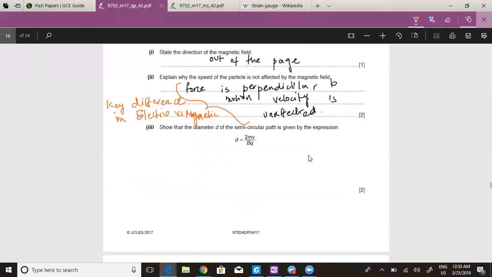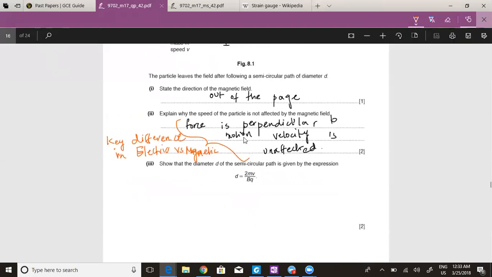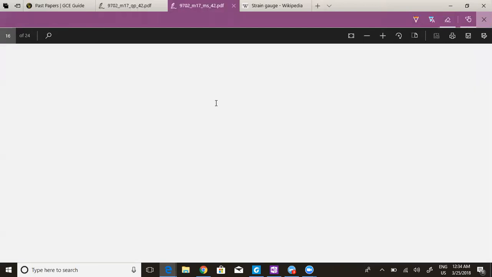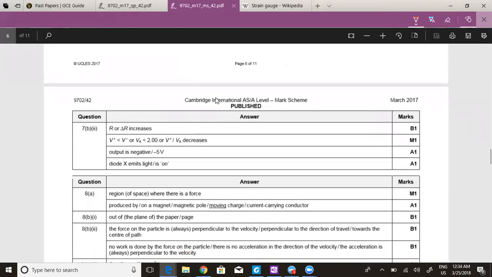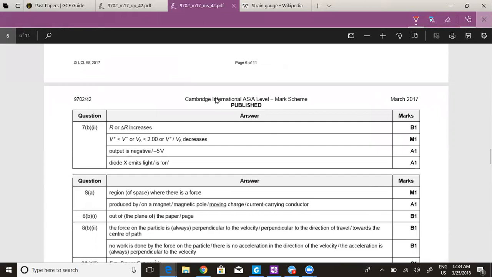Now show that the diameter d is given by this. Oh, we also had to write about the no work done part. Check the marking scheme. You have to write that the force is always perpendicular.